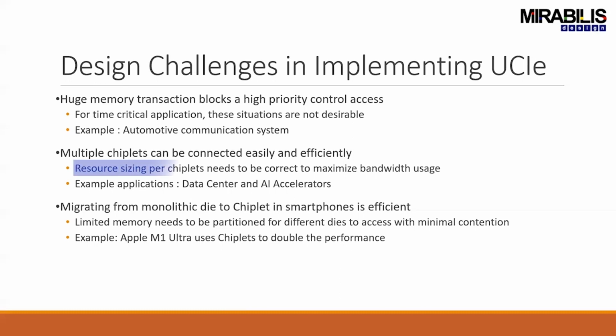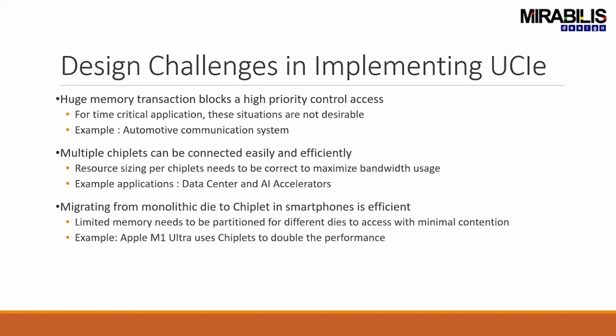But the sizing of the resources per chiplet needs to be correct, not just maximize, but optimize the bandwidth usage. You don't want to have more bandwidth than is actually needed. So the resources that are available need to be really considered to ensure you get the optimal cost of the chip. Data center applications and AI accelerators are where you can take maximum advantage of these multi-die SoCs.